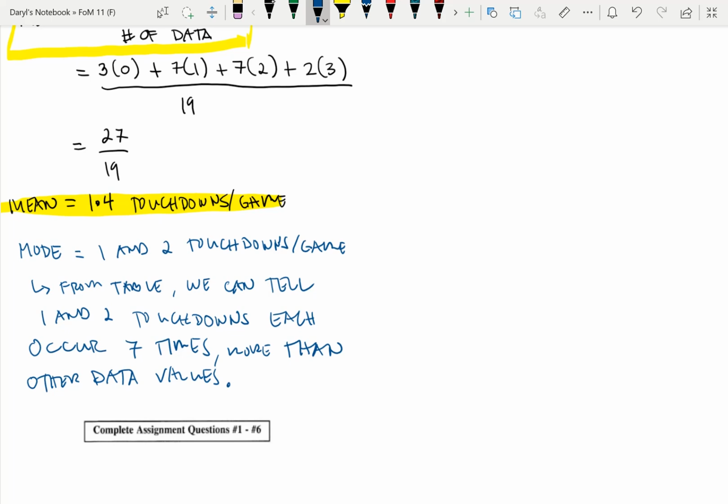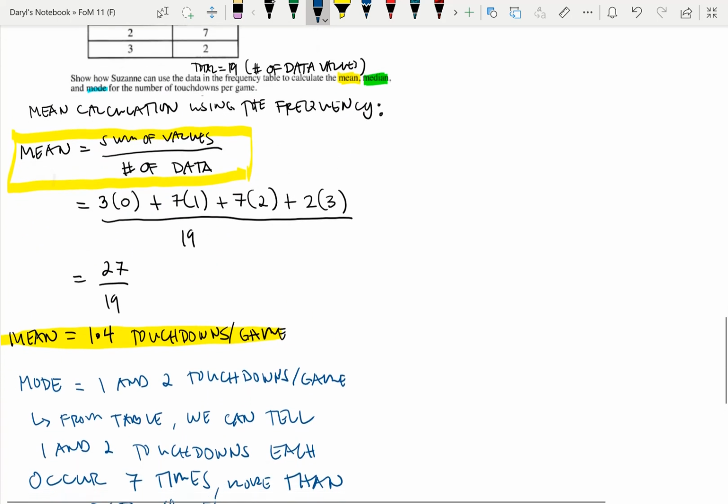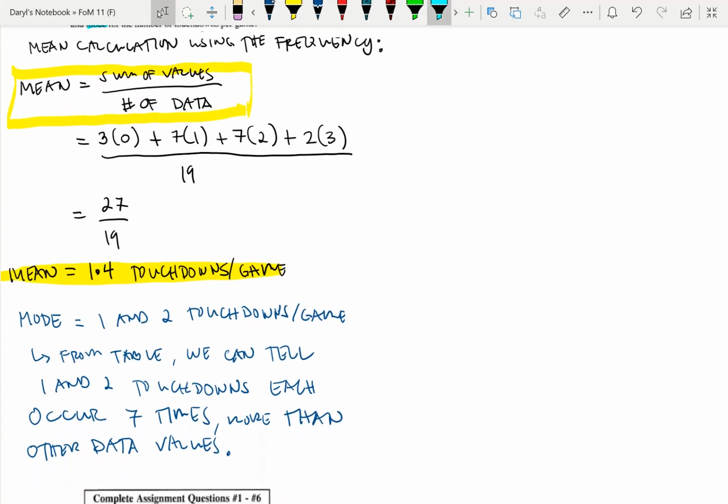So the mode is 1 and 2. So it should be the same as what you got in the previous question. So anyway, this is the same problem. This is just another way of representing the data. The data is represented in a table.